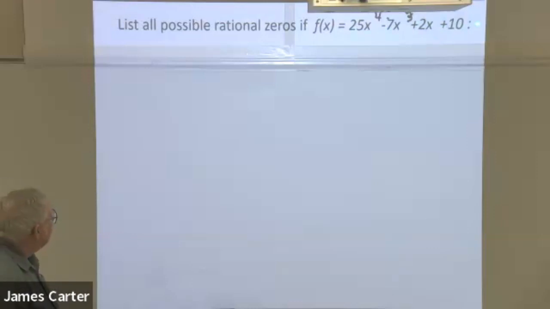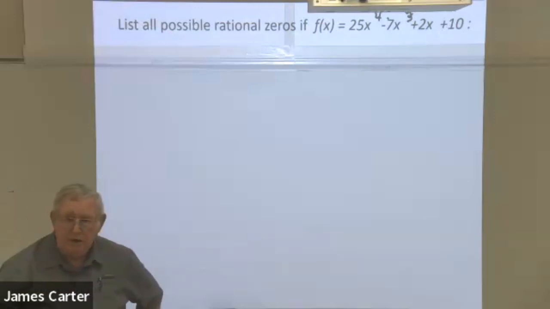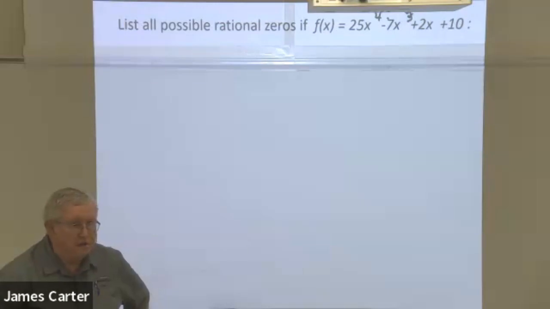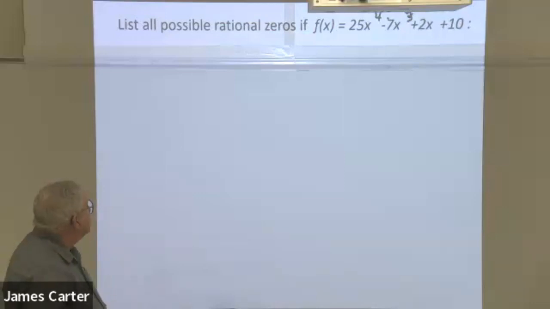So what are we going to look at on this thing? Well, this one doesn't actually tell you to solve it. This one only tells you to say, using that rational zeros theorem that we did, all of the y-intercept over the lead term stuff, that P over Q stuff, that's all this one is asking us to do. So this problem isn't quite as terrible as it might seem on the surface.